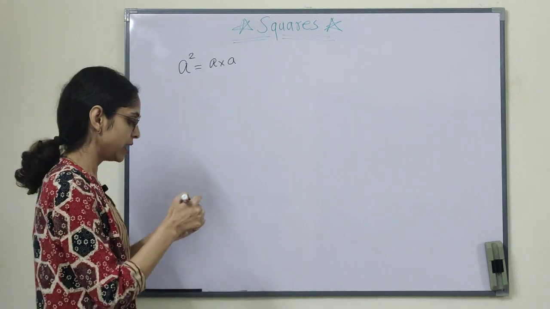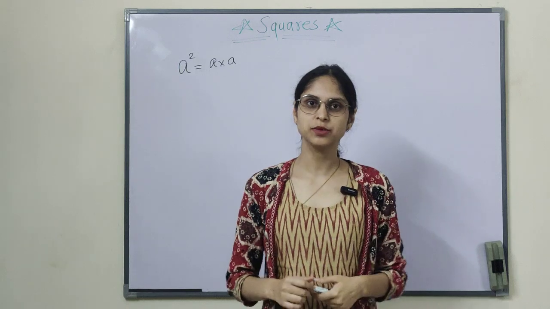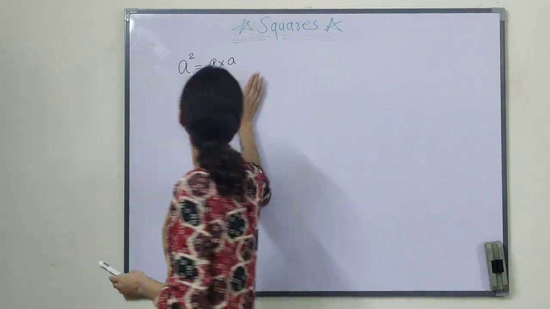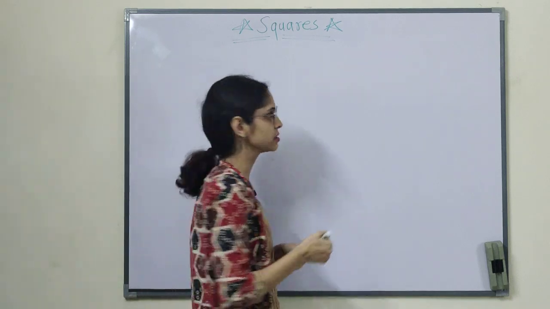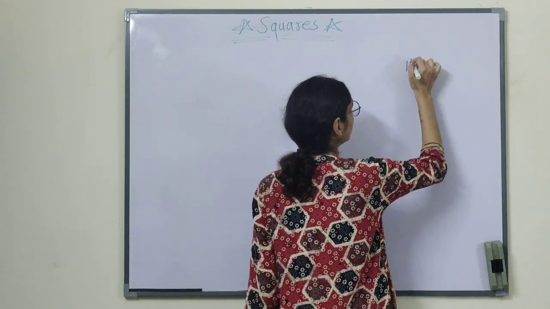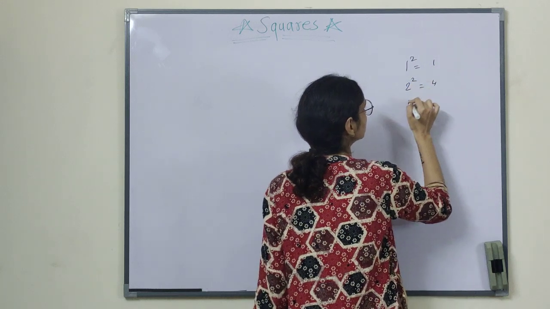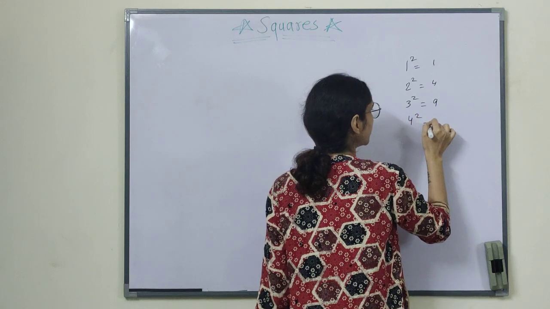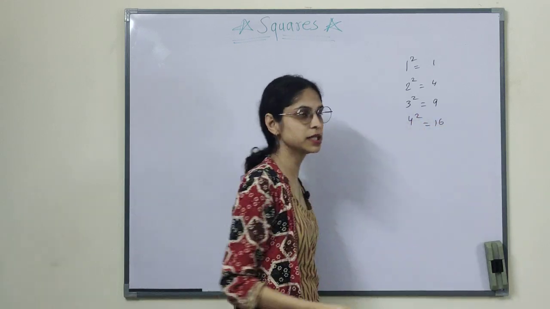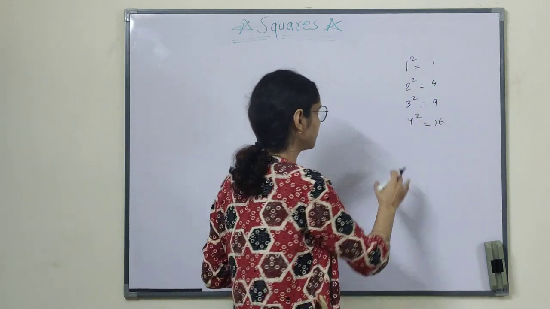Alright. Now, we will see some of the perfect squares from 1 to 10. From 1 to 10, you should remember those squares. For example, 1 square is 1, 2 square is 4, 3 square is 9, 4 square is 16 because 4 times 4 is 16, 3 times 3 is 9, 2 times 2 is 4, 1 times 1 is 1.